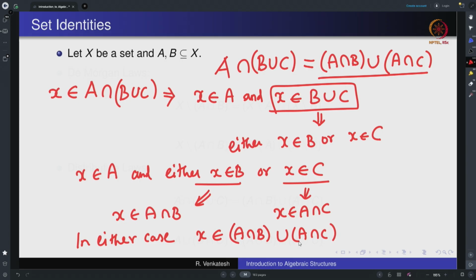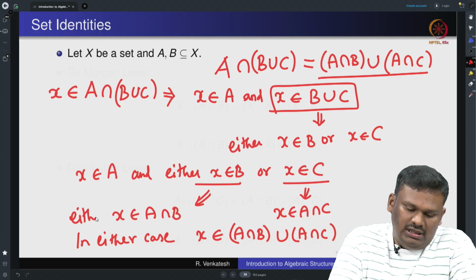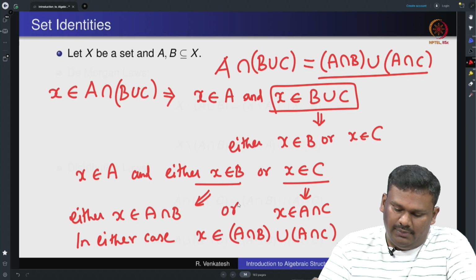If x is in A intersection B union A intersection C, that would imply that x is in A intersection B or x is in A intersection C. So, either this or this would happen.